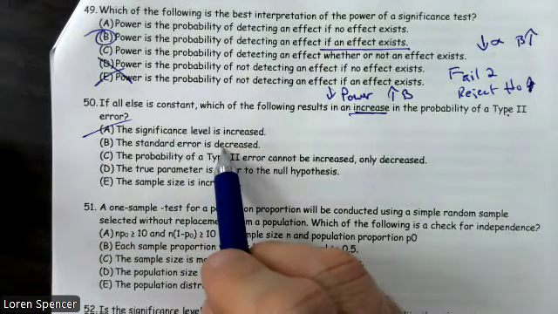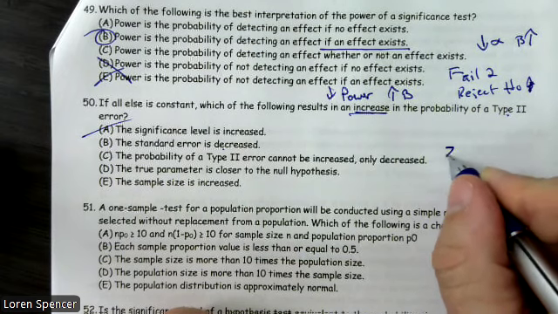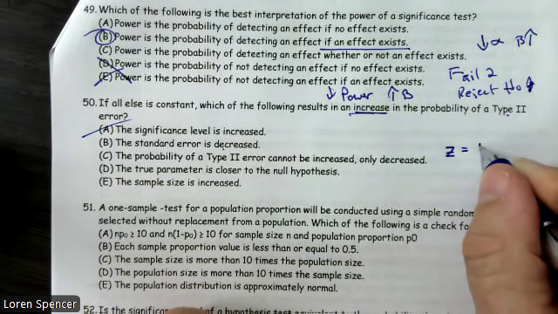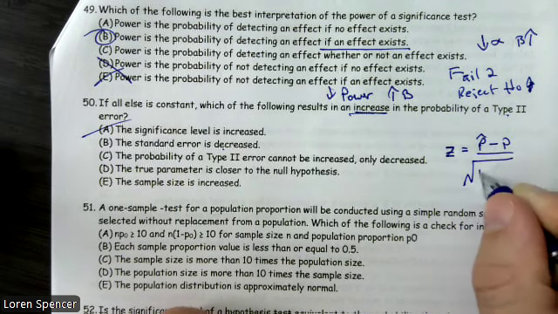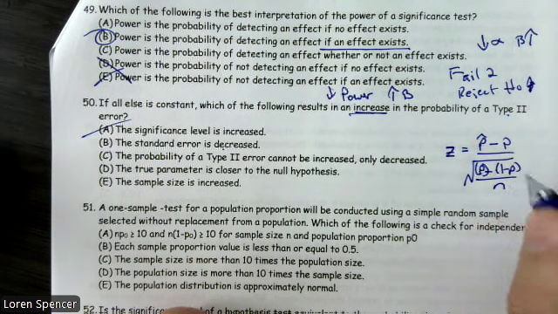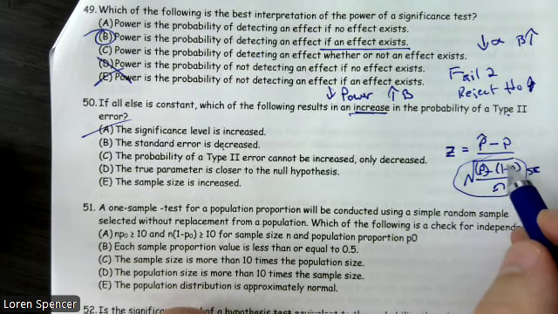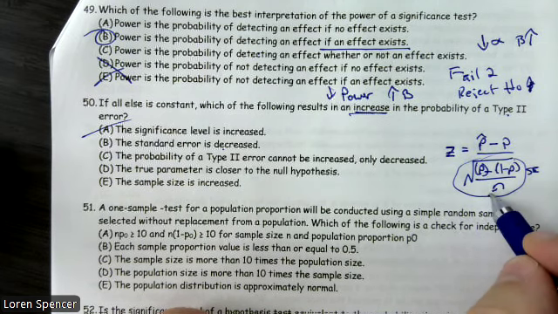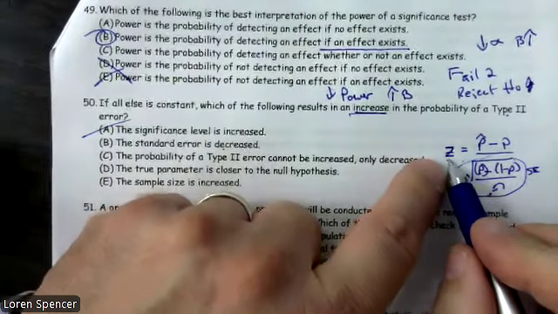The standard error is decreased. Okay, so Z equals P hat minus P over the square root of P times 1 minus P over N. This right here is my standard error. If I make this a smaller number, let's just say I went from 10 to 1, if I'm dividing by a smaller number, that means my Z gets big.